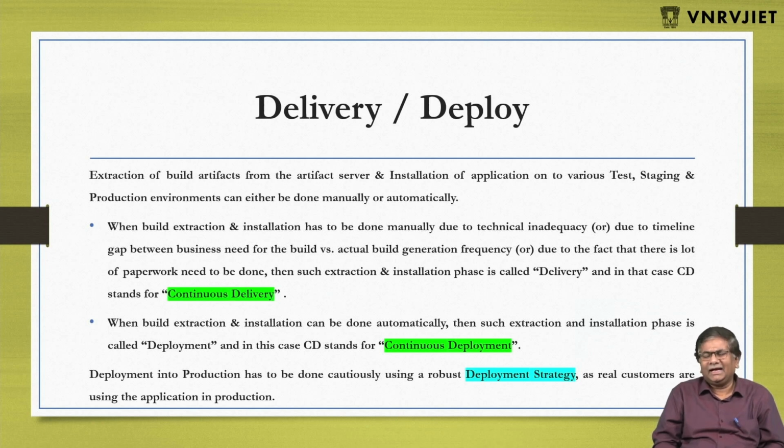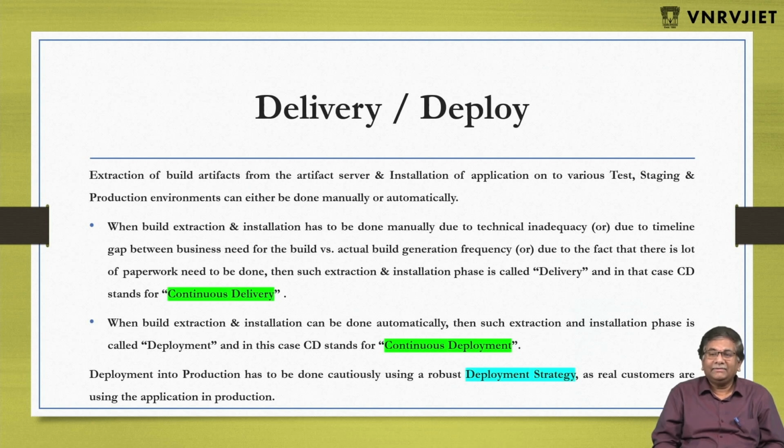So in that case, it's good to have the artifacts in the artifact server, the install file or ISO file, or whatever file which can be installed, and then we can manually install. So that is another reason why we want to go for manual deployment. One reason is technical inadequacy, and another is that the need for automatic deployment is not there much.